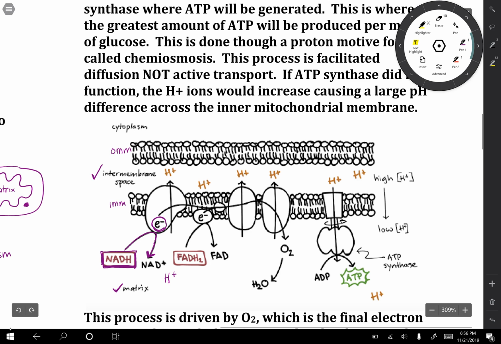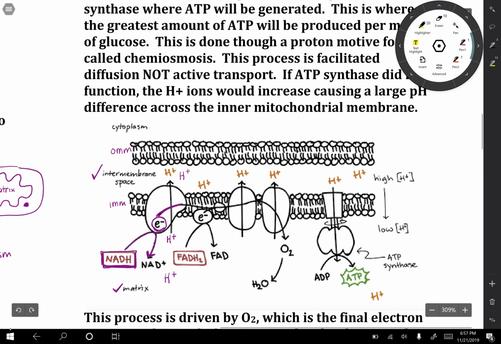That's right here. And it's going to have an H+ that's going to be chilling out here in the matrix. Well, this electron has a lot of energy, and that energy is going to pass through this first pump, and as it passes through, the hydrogens that are in the matrix are going to pump through into this area known as the intermembrane space. So you're going to start pumping hydrogens.